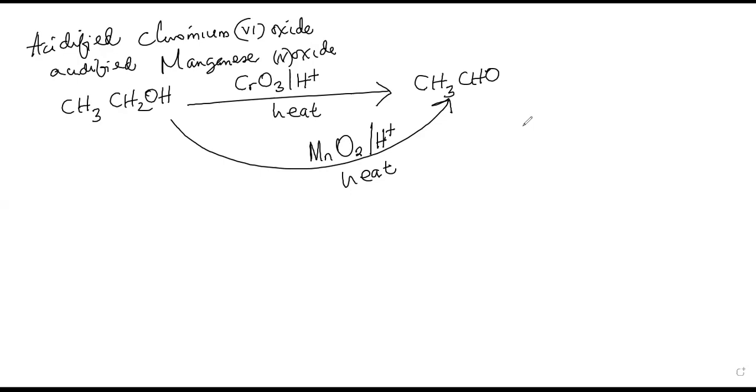Then to get ketones, we oxidize secondary alcohols. So for the case of ketones, we get them by oxidizing secondary alcohols.